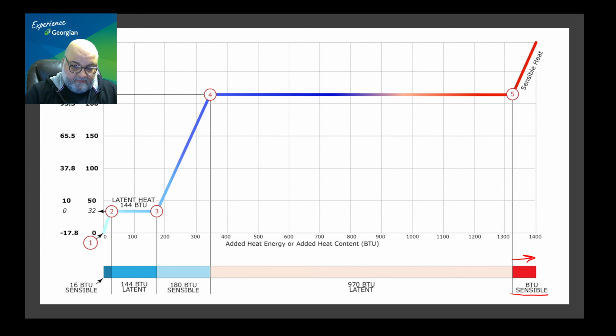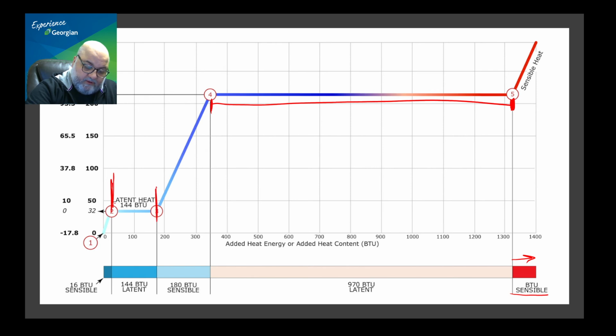Number one, you have two horizontal lines. This is one horizontal line between point 4 and point 5, and there is another horizontal line between point 2 and point 3. Both horizontal lines are phase changes. The first one, between point 2 and 3, is staying at 32 degrees Fahrenheit.